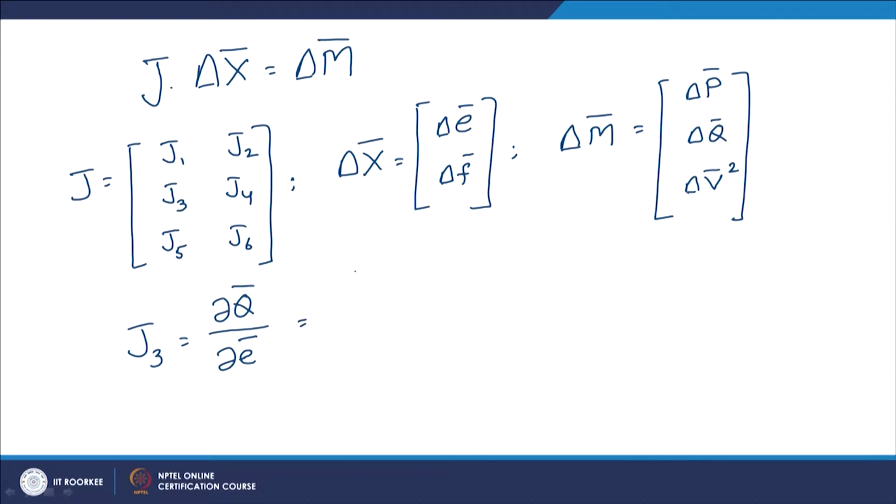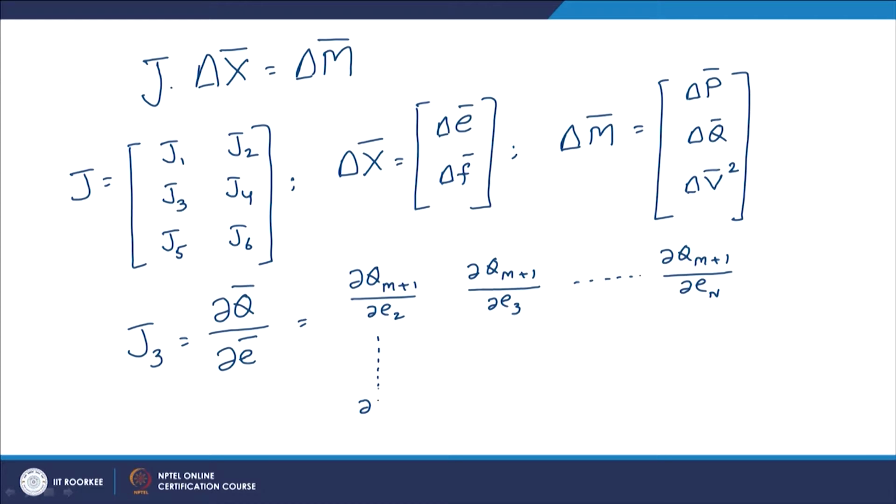So, it would be delta Q m plus 1 by delta E 2, delta Q m plus 1 by delta E 3 dot dot delta Q m plus 1 by delta E n, and then up to delta Q n by delta E 2, delta Q n by delta E 3, then delta Q n by delta E n.